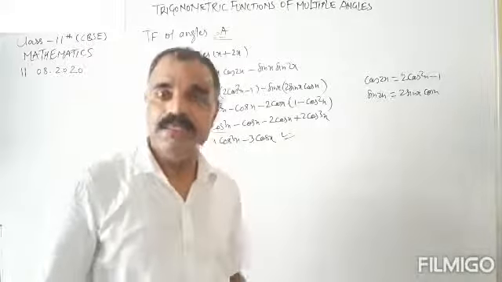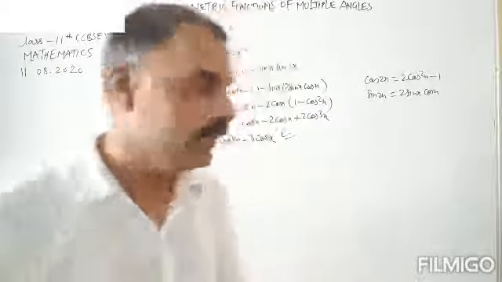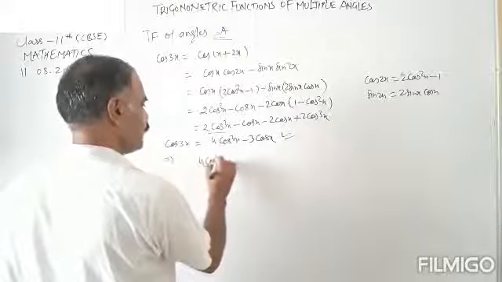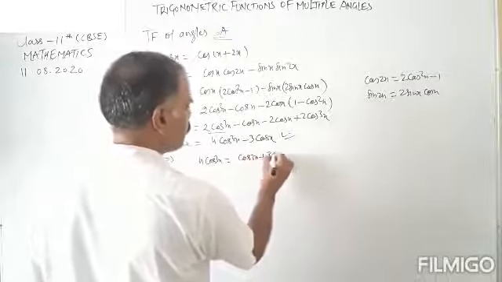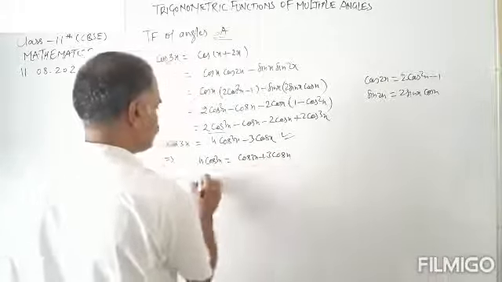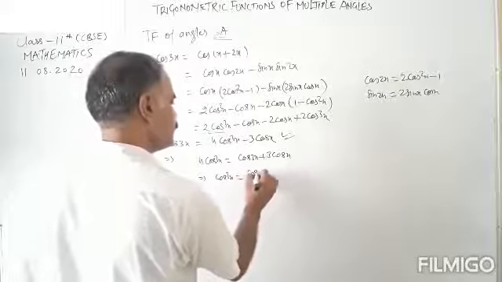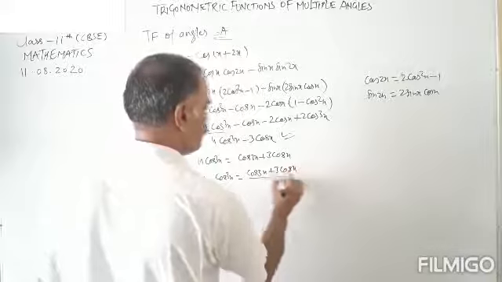Now from this identity again we can find cos cube x. Cos cube x is equal to cos 3x plus 3 cos x, divided by 4.